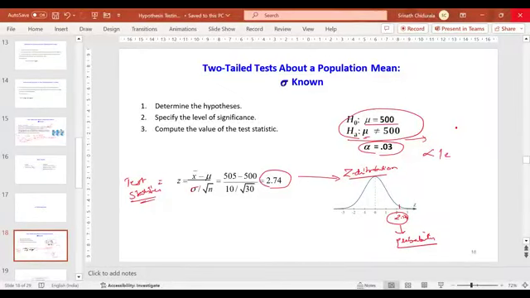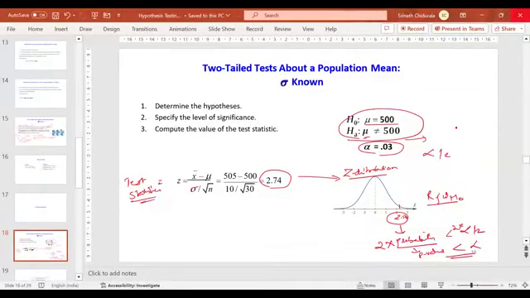And that probability we have to compare with alpha by 2. If this probability is less than alpha by 2, then we can reject the null hypothesis. Or else you can multiply this probability by 2 and then compare it with alpha. So 2 times the probability will be considered the p-value, and that p-value is compared with alpha.